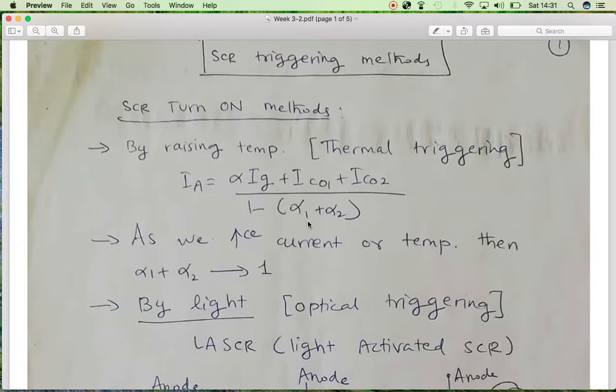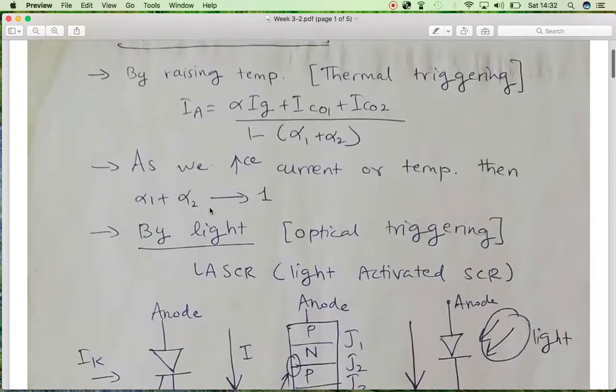So by thermal triggering, we can increase these gain values, and when these gain values approach towards 1, the IA increases, and it is greater than the latching current, and then the SCR is on.